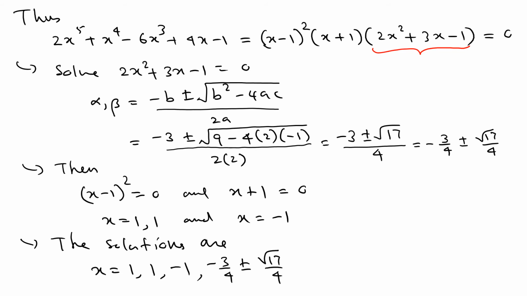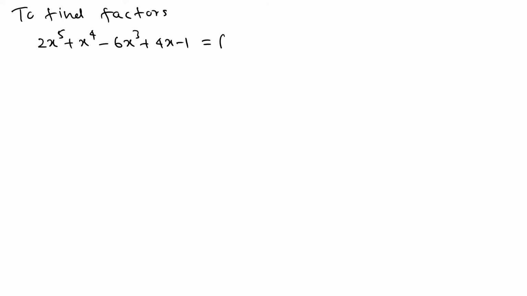So we're going to start with the first equation here. To find the factored version, we can start with the same equation: 2x to the 5th plus x to the 4th minus 6x cubed plus 4x minus 1 equals. What we already know is x minus 1 squared, x plus 1, and then the third factor is coming from the coefficients, it is 2x squared plus 3x minus 1.